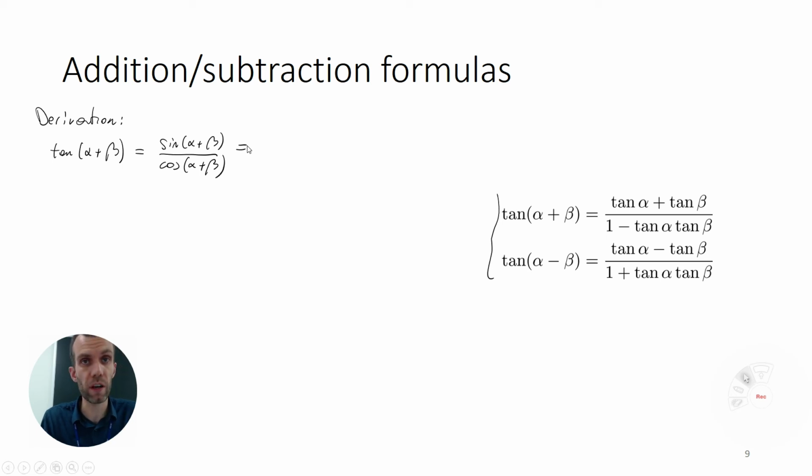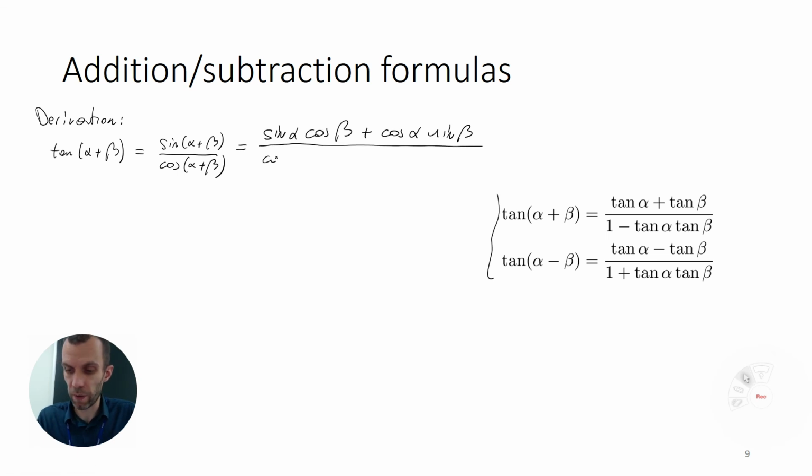Now I'm going to work that out with the addition subtraction formula for sine and cosine. This is going to be a bit messy. This is sine alpha cosine beta plus cosine alpha sine beta, divided by cosine alpha cosine beta minus sine alpha sine beta.